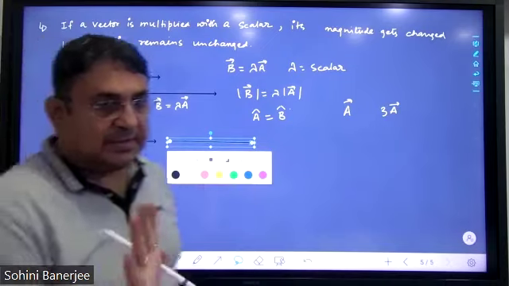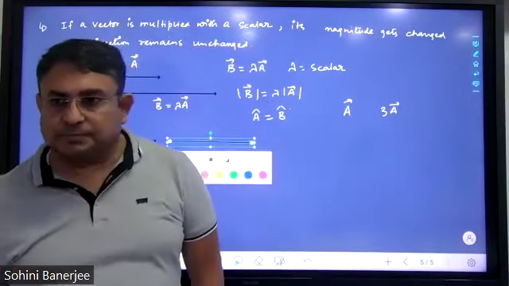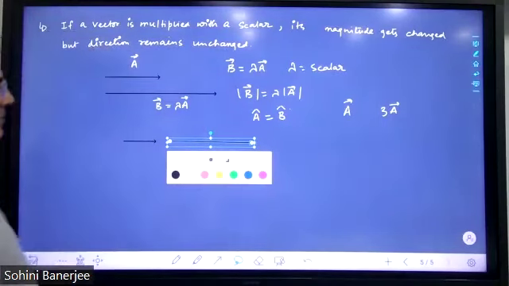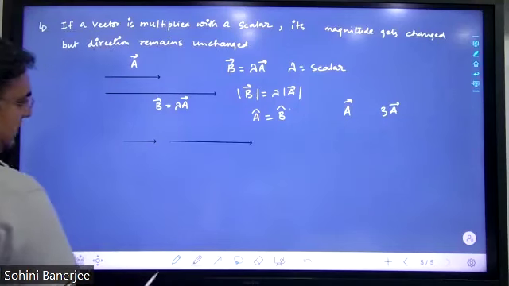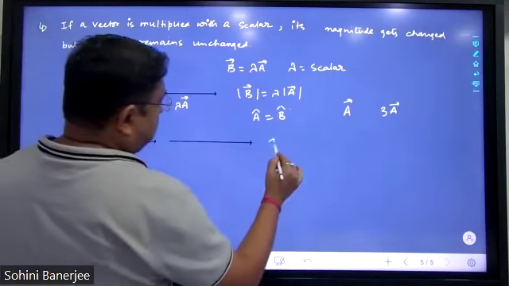So they are not different things, right? Clear? So collinearity or parallelity can be checked by the scalar multiple. Collinear vectors.